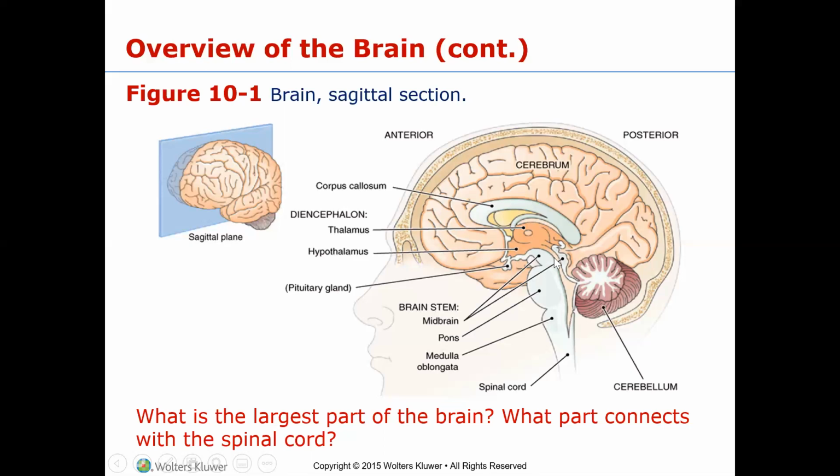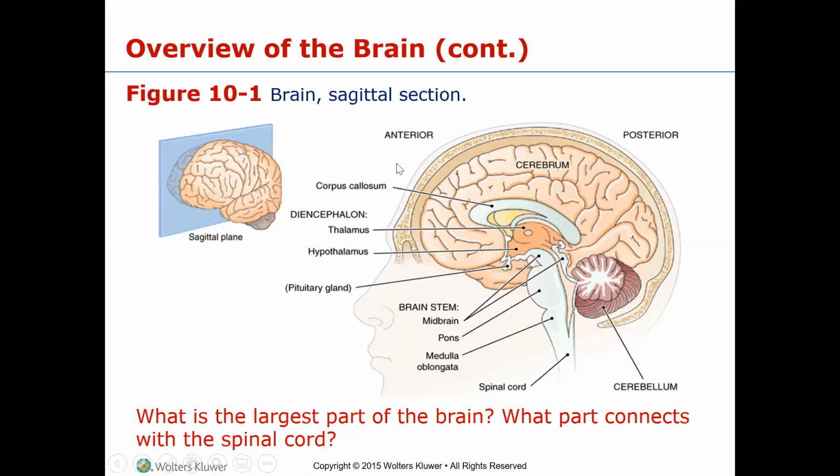Coming down and connecting with our spinal cord is the brain stem itself. The uppermost portion is the midbrain, and then we have the pons here, and then the medulla oblongata, and then that runs into the spinal cord. The cerebellum is at the posterior portion of the brain.